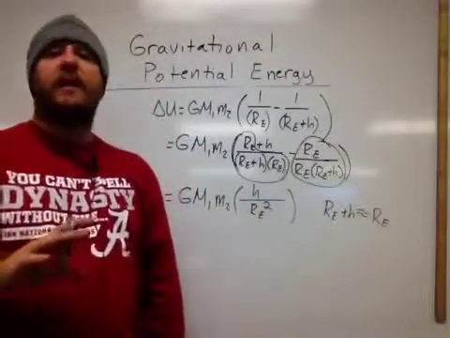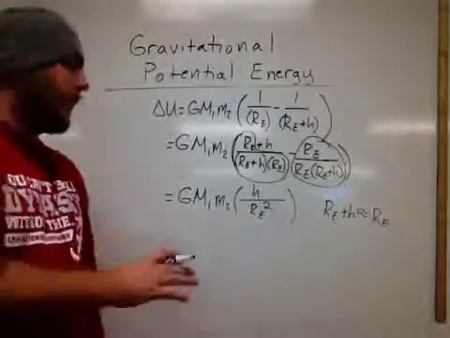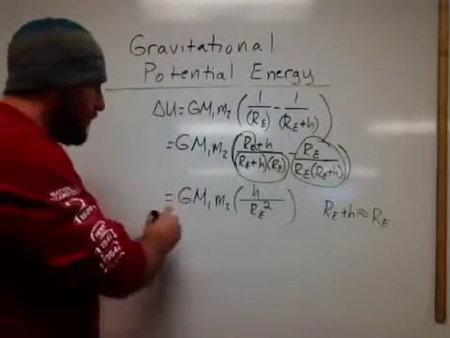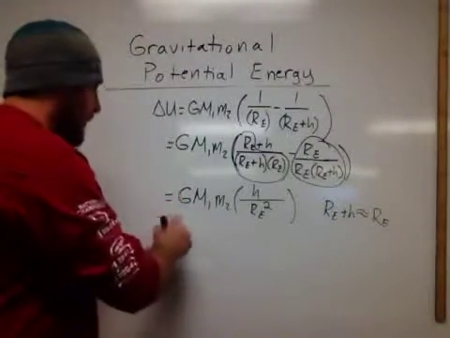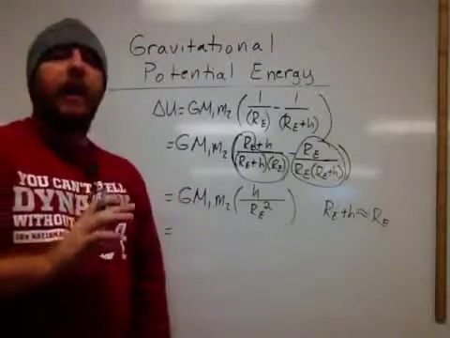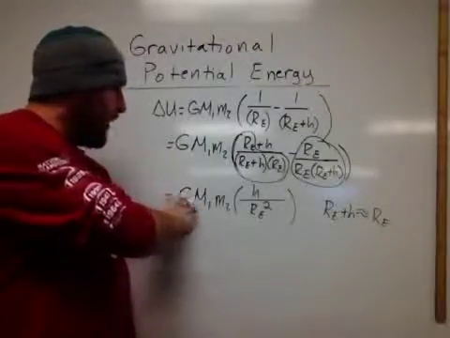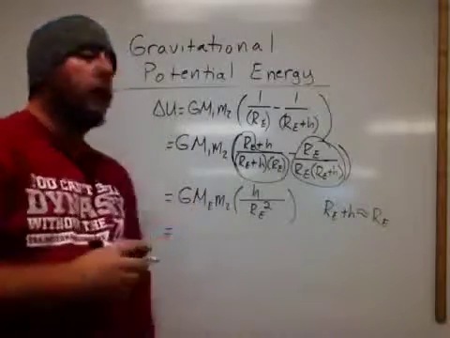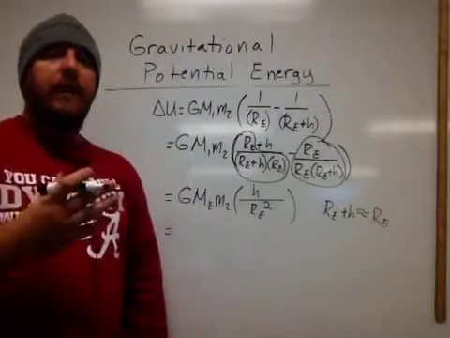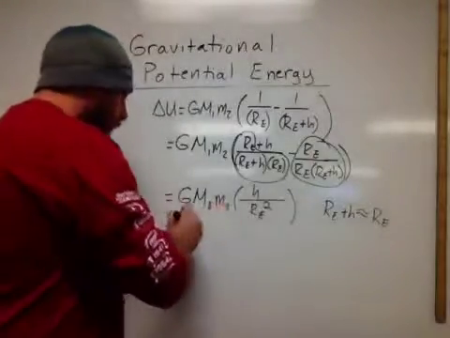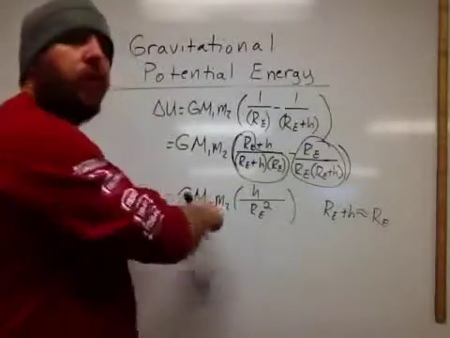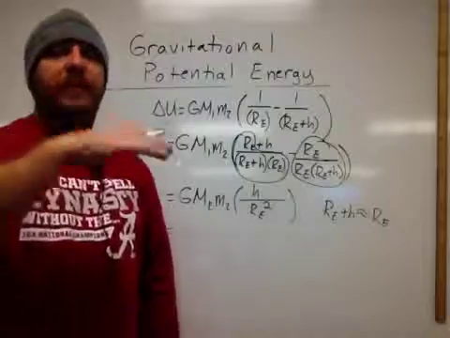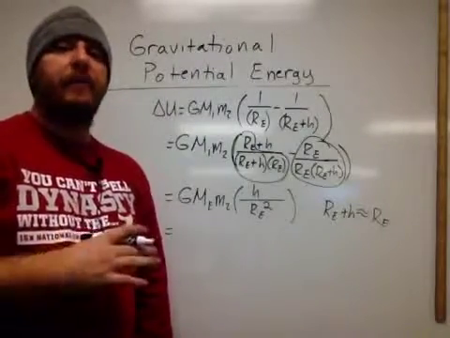And now we can see that we are essentially there, because remember the definition of little g, 9.8, was capital G times the mass of the Earth, and m1 should be the mass of the Earth, divided by the radius of the Earth squared. And so m2 is the mass of the object we're lifting, and that was the mass that appeared in mgh.